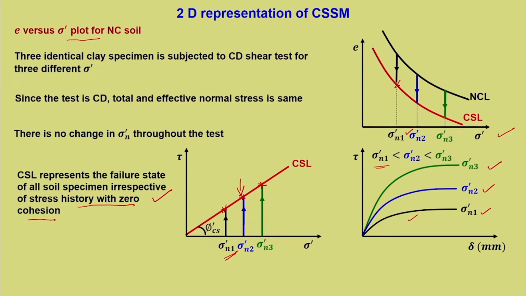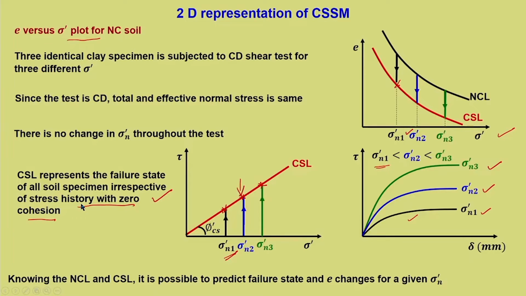What did we discuss? At critical state, the strain which the soil undergoes is significant. Now, at that level of strain, in general, there cannot be any sort of cementation or cohesion. So, that is the principle based on which it is told that critical state line always passes through origin.